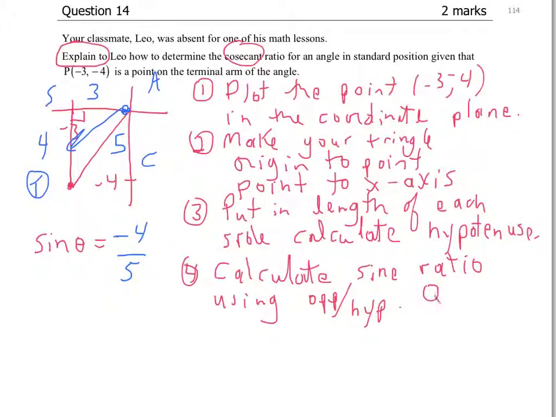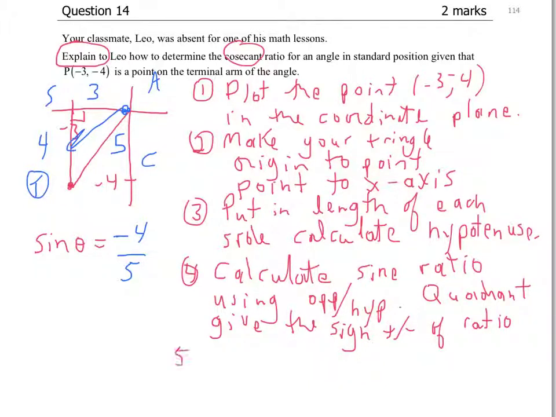The quadrant gives you the sign, the positive or negative part of the ratio.